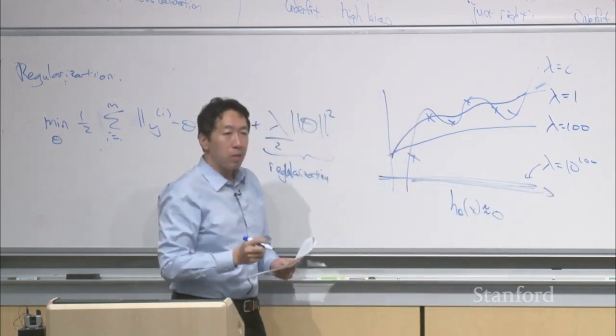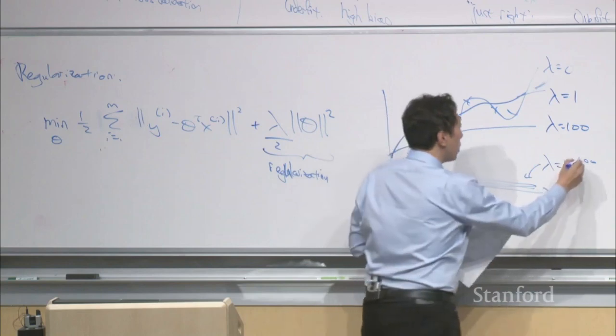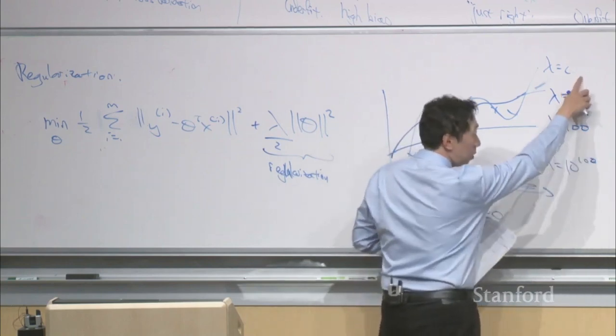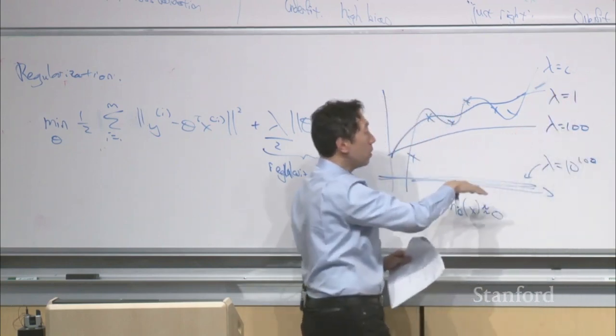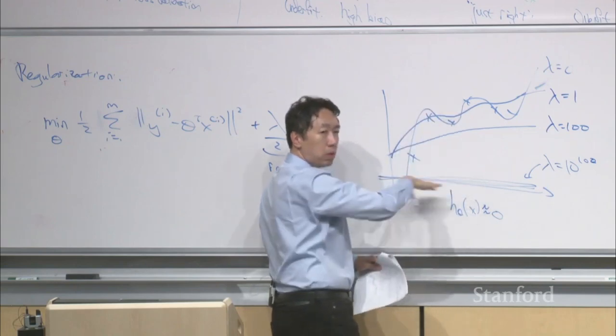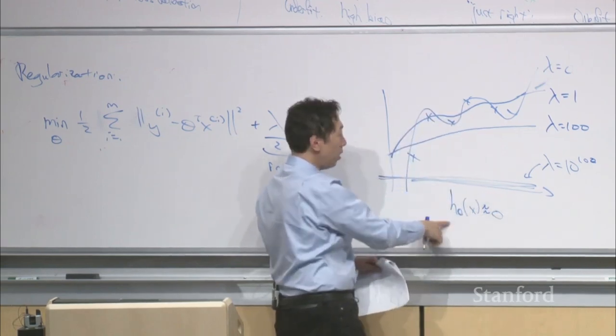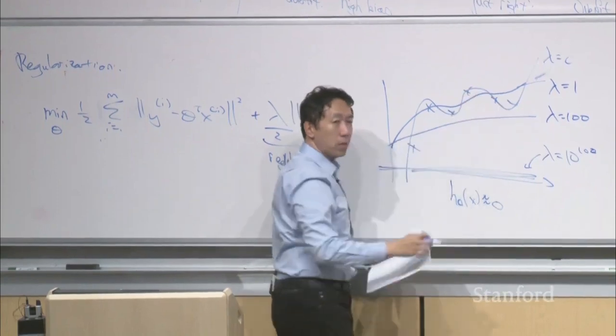By dialing lambda between a far too large value, like 10 to the 100, and a far too small value, like lambda equals 0, you smoothly interpolate between this much too simple function of h equals 0 and a much too complex function. Okay?